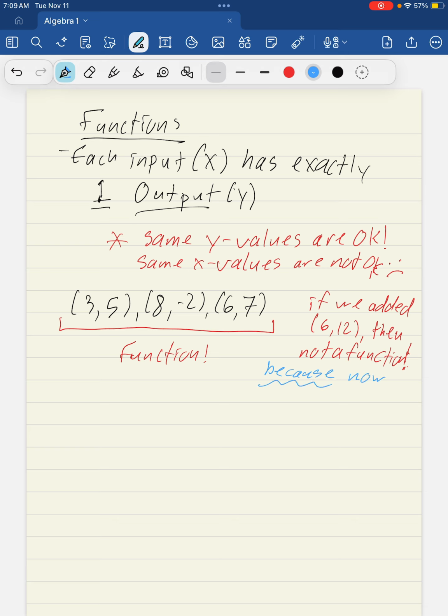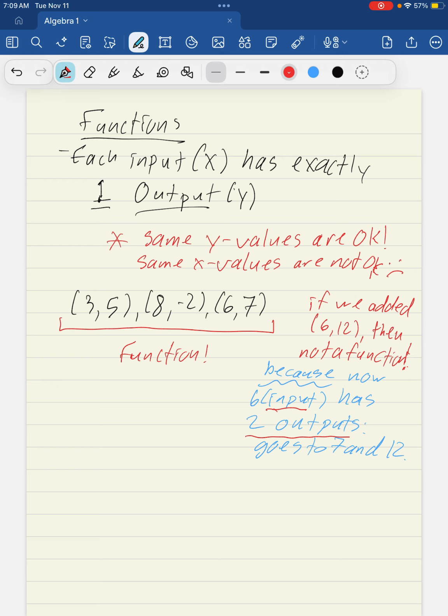We don't want that. So every input can only go to 1 output. If it ever goes to 2, it's not a function, all right?